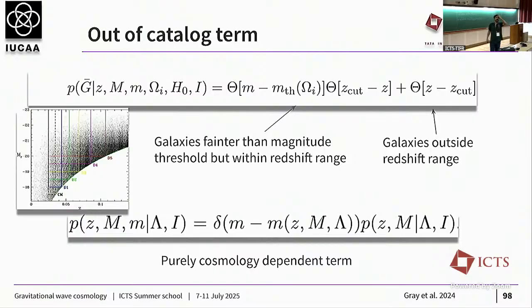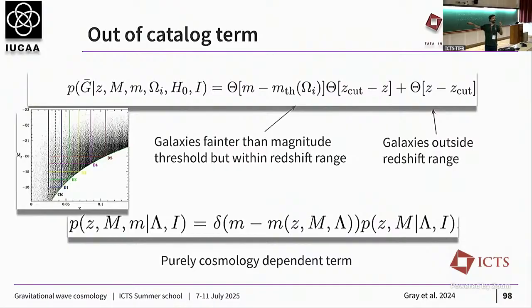And at a certain point, maybe things become very unreliable, so you just cut out the survey and say that, okay, I'm not going to use any galaxies beyond 0.2, or beyond some redshift. So this is the kind of survey that you typically have to deal with. If that is the case, then you can write down the probability to have a galaxy which is not in your catalog. What will it be? It will be either that you have a luminosity which is below this threshold.